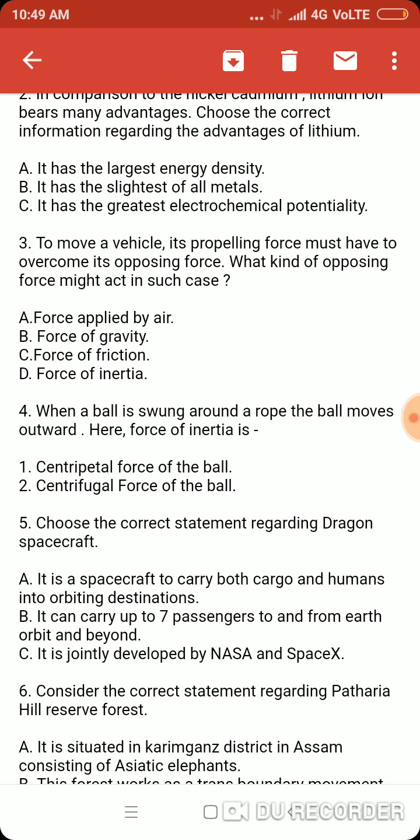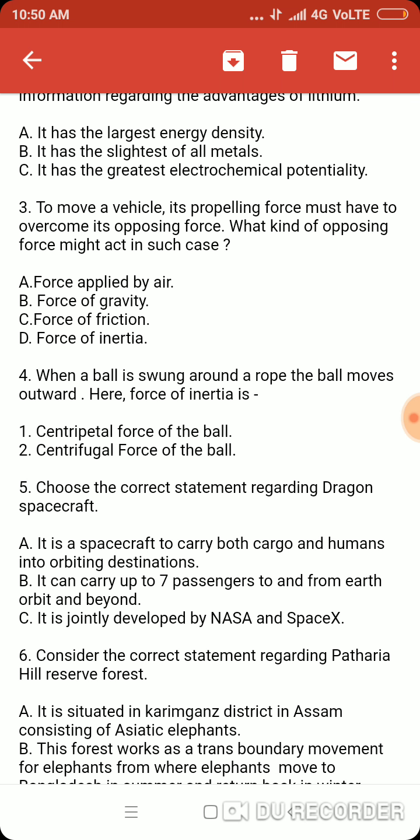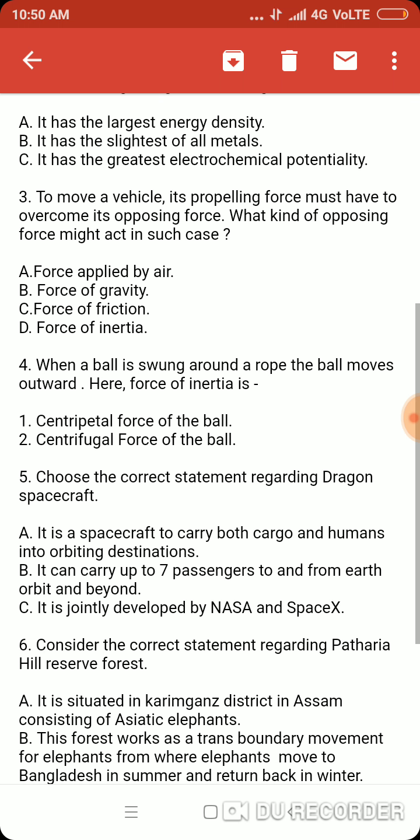Force applied by air: when we want to move a vehicle, the air drag prevents the vehicle from moving, right? Then force of gravity: when we move the vehicle on an inclined road, gravity tries to prevent the vehicle. Force of friction: the friction between the surface and the tire.